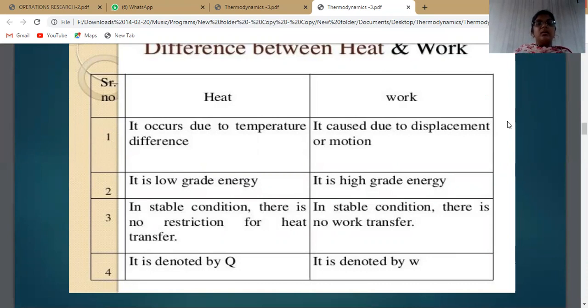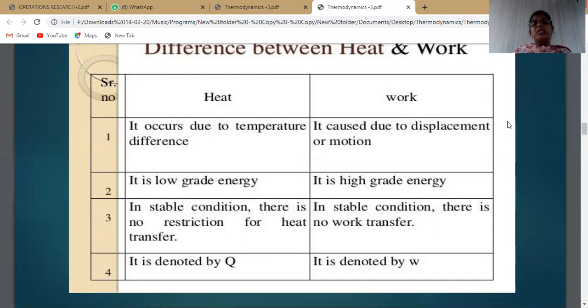Actually we want to get 400 kilojoules, but due to some losses in the piston and cylinder, like piston friction and bearing losses, we get only 350 kilojoules. So we do not get 100% of the heat energy. That is why it is low grade energy.